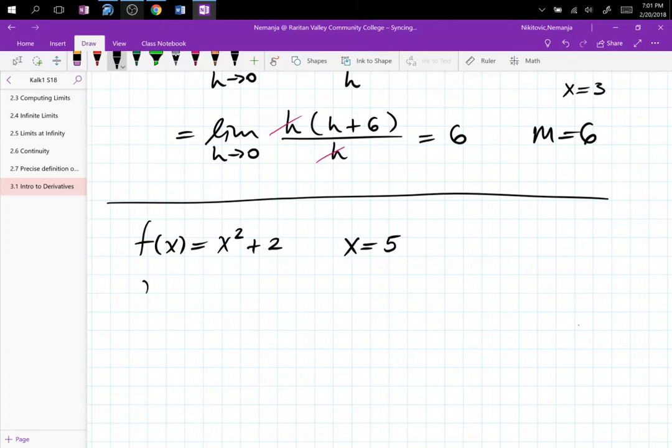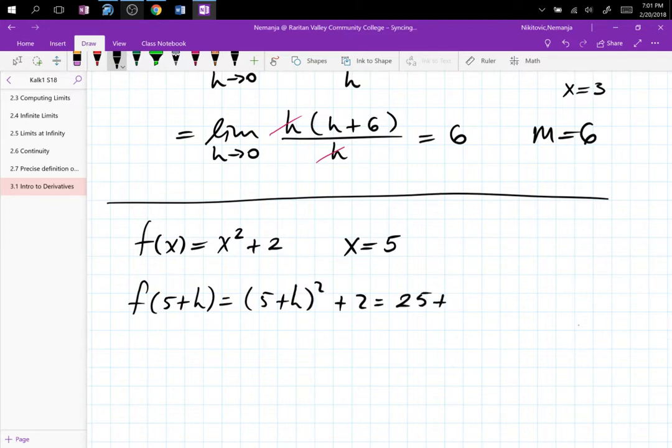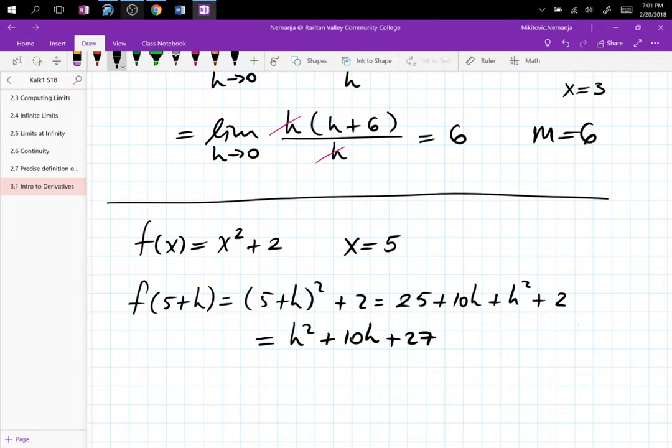So f of 5 plus h is going to be (5 plus h) squared plus 2, which is 25 plus 10h plus h squared plus 2. So the total thing over here is h squared plus 10h plus 27. Okay, good. And f of 5 is 5 squared plus 2, which is 25 plus 2, which is 27. Good.